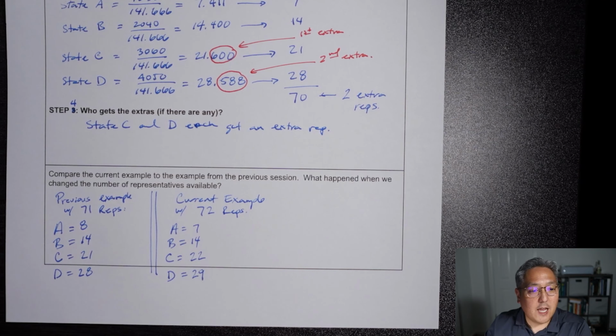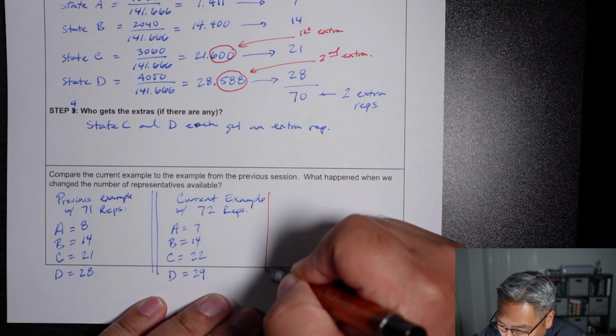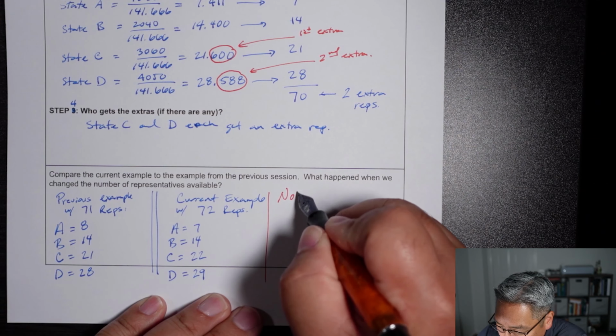This turns out to be a problem, and it's called an apportionment paradox. I'll summarize all of these in a bit, but I want to highlight that if you're state A, you're like, wait, we lost out on something we had before.